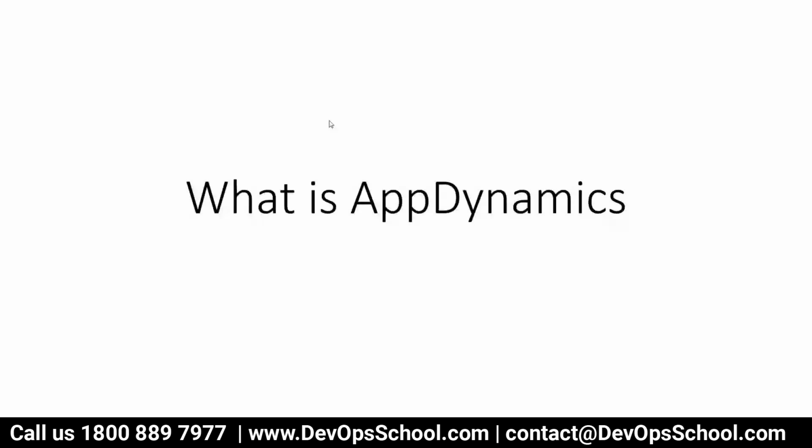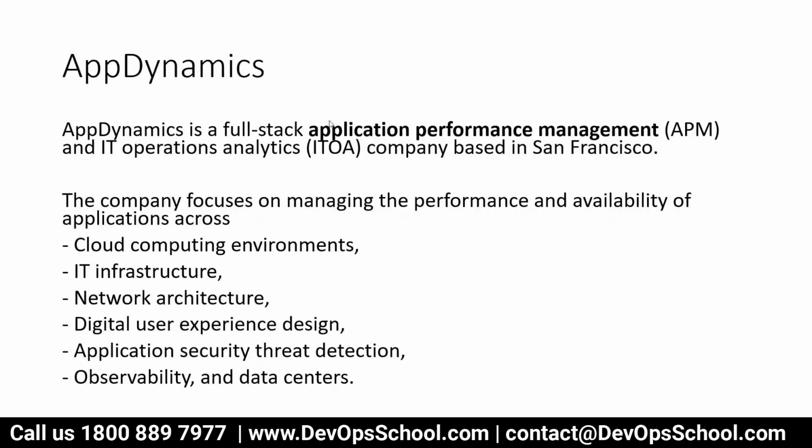When AppDynamics was introduced into the market, it was introduced as an application performance management tool, initially. But because, as I told you, everyone is now focusing on observability, AppDynamics has become an observability platform as well, because everyone is transforming in the same direction.